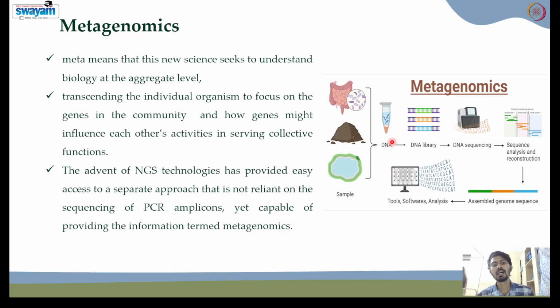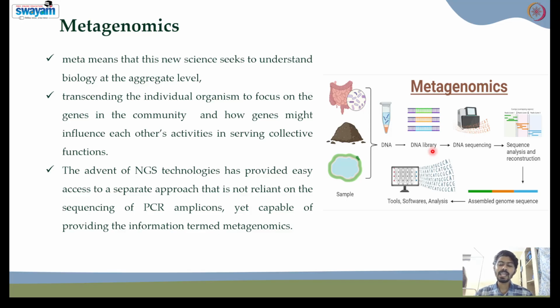So if you see the procedure for metagenomics, first you will be collecting the sample from various sources, and we will first be isolating or extracting the total DNA. Then we will construct the DNA library. Then we will go for NGS approaches for DNA sequencing. Then after sequencing, we will analyze and reconstruct and form contig regions. And with the assembled genome sequence, we will use different bioinformatics tools for analyzing the sequences.